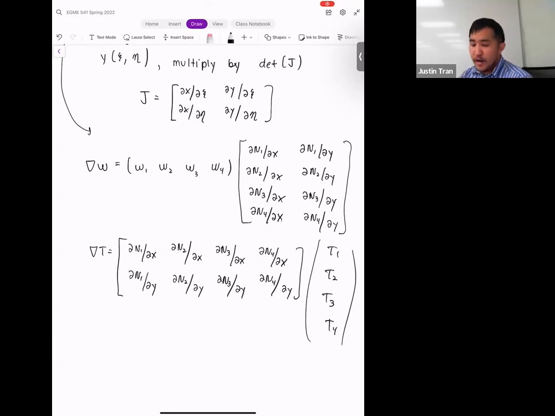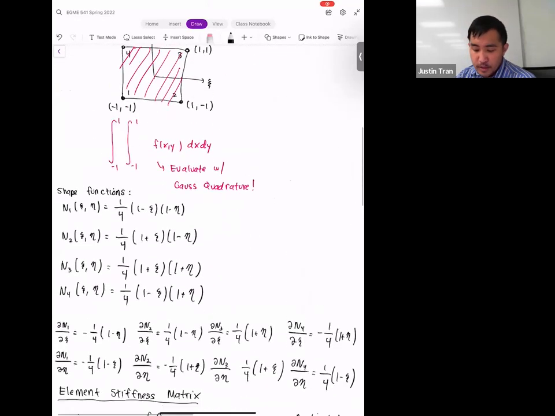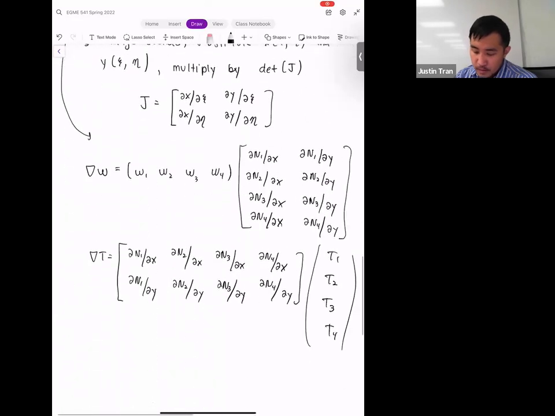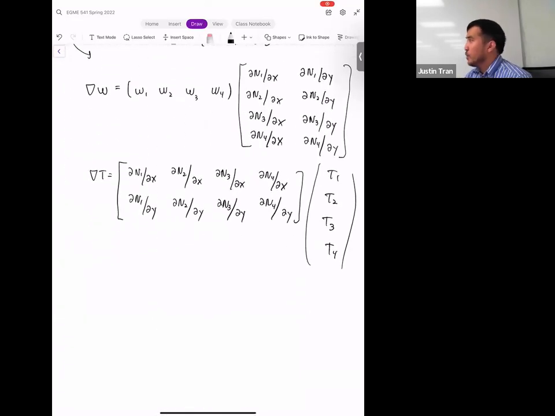They're given with respect to epsilon and eta, so that's what we had up here. And so we can't actually evaluate these, but we can use the information from the Jacobian to transform those derivatives into epsilon and eta derivatives.